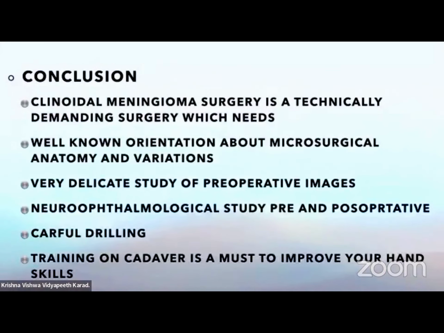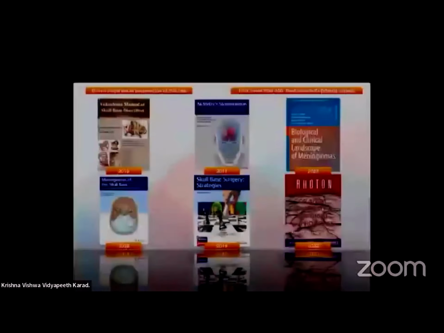In conclusion, clinoidal meningioma surgery is technically demanding surgery which needs well-known orientation about microsurgical anatomy and variation, very delicate study of preoperative images, and pre- and postoperative neuro-ophthalmological study. Careful drilling and training on cadaver are a must to improve your skills.